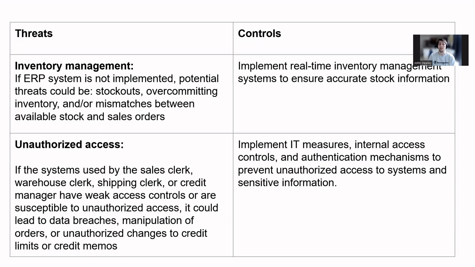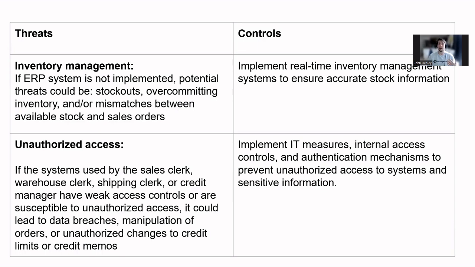So for their purposes, that would be stockouts, overcommitting to inventory, and mismatches between stock and sales orders. Our team suggests implementing some sort of ERP, or enterprise resource planning system, or a real-time inventory management system to ensure accurate stock information at all times.